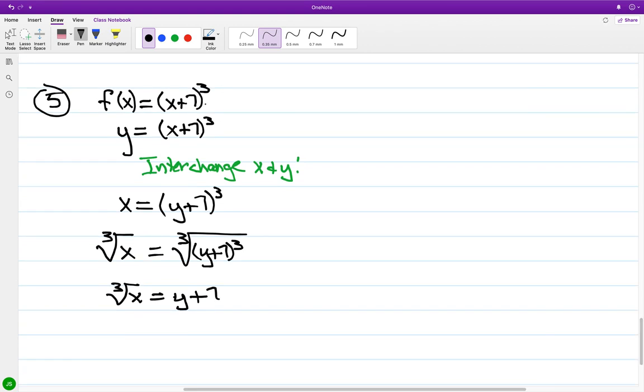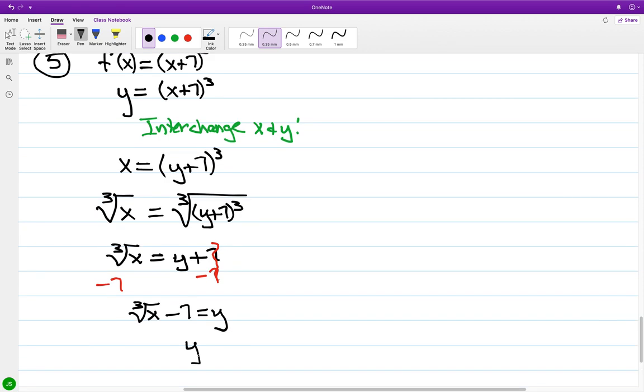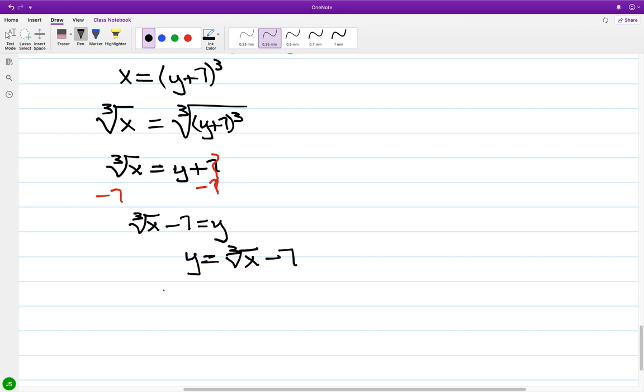And if we isolate the y, I'm going to take 7 away from both sides. So the cubic root of x minus 7 is equal to y. And that y, again, is going to reference the inverse function of f of x, which is equal to the cubic root of x minus 7.